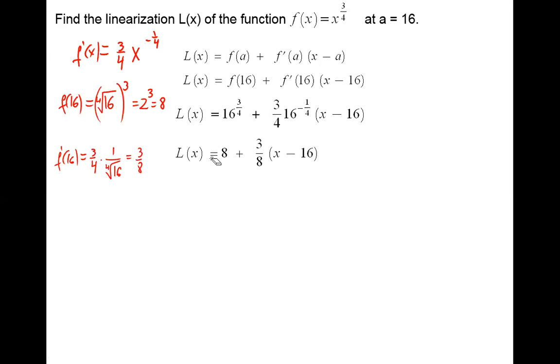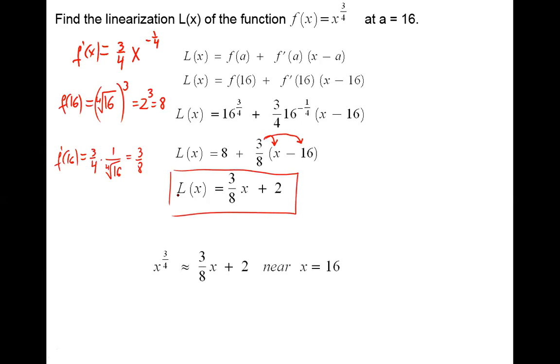Okay, I have the value 8 and I have the 3/8. Then I can simply distribute everything. I multiply x times 3 over 8, and I multiply negative 16 times 3 over 8. 3 over 8 times negative 16, we can simplify 8 and 16, negative 2, negative 6, and negative 6 plus 8 is positive 2. That means this is the linearization, and that's what I will be looking for.